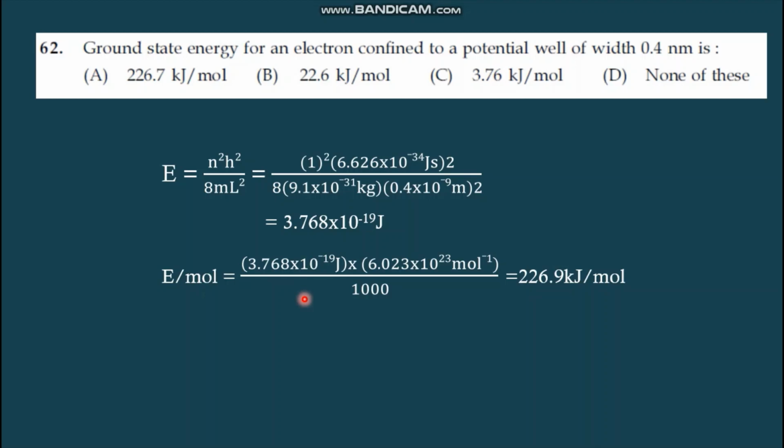Always remember the conversion: joule to kilojoule per mole or joule to joule per mole. Like that, the conversion you have to remember. And if it is joule to joule per mole, you don't need to divide by 1000. When we are dividing by 1000, that means conversion to kilojoule. So the answer is option A, 226.9 kilojoule per mole.